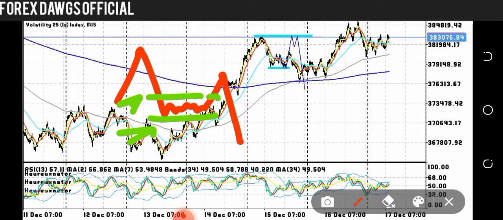And the market maker knows that, so he slightly moved the graph up here to take the stop losses out for those who sold at this point. They will be putting their stop losses above here, and they will be taken out by that small move that creates the other leg, which is shorter than the first leg.